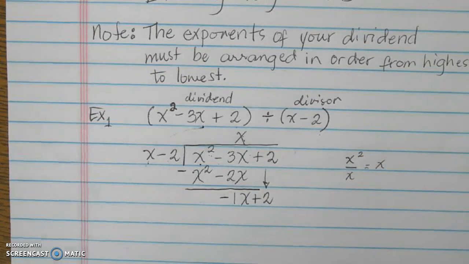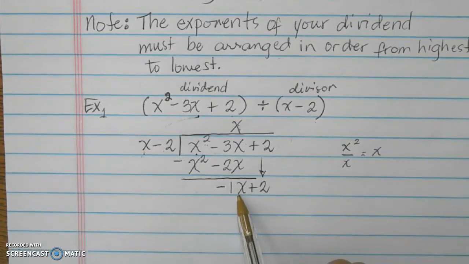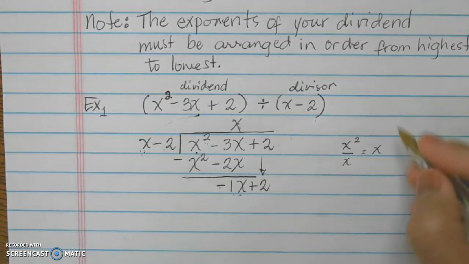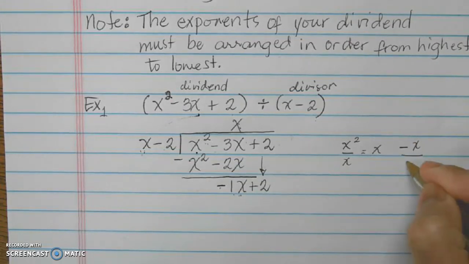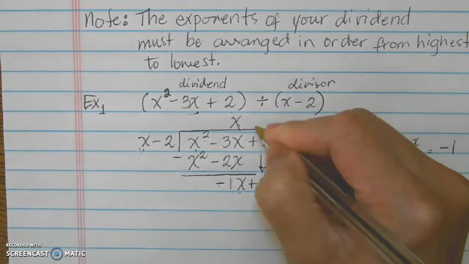And you're going to divide again by the first term of your divisor. So negative 1x divided by x. So negative x divided by x is a negative 1.